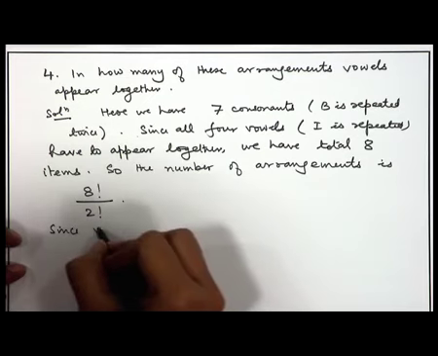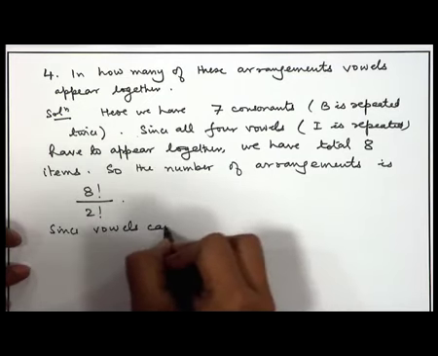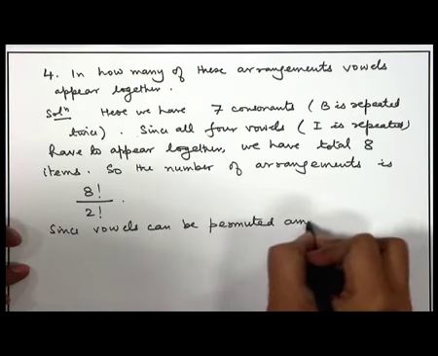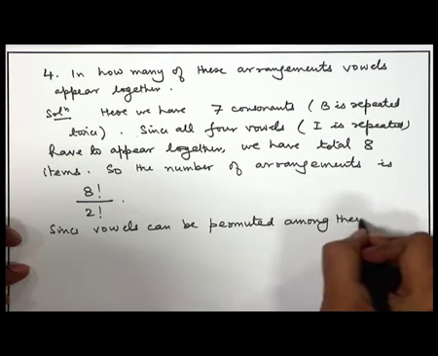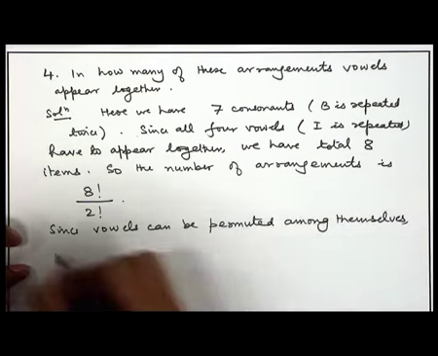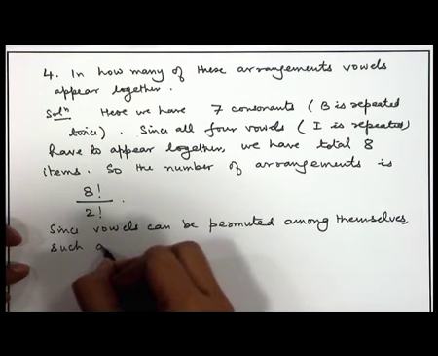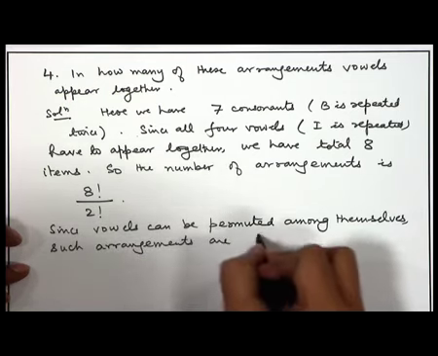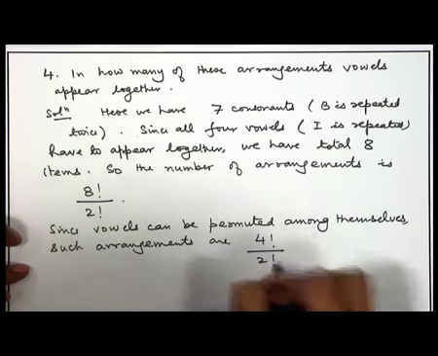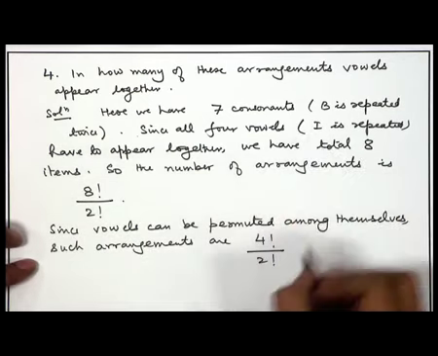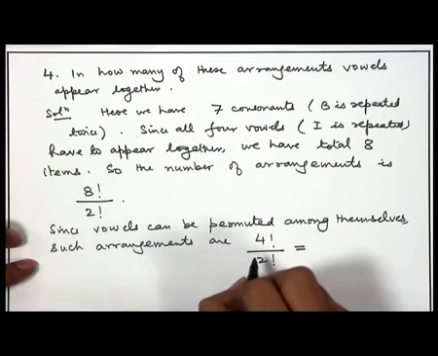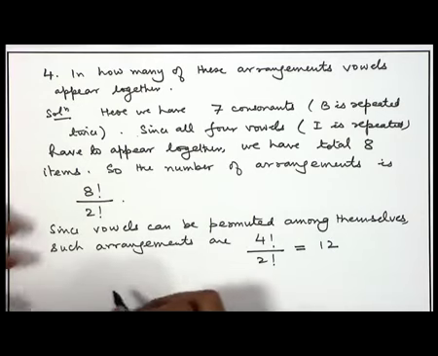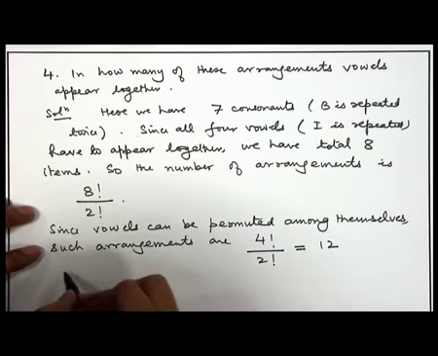Since vowels can be permuted among themselves, such arrangements are 4 factorial divided by 2 factorial, because I has been repeated here. That is nothing but 12.